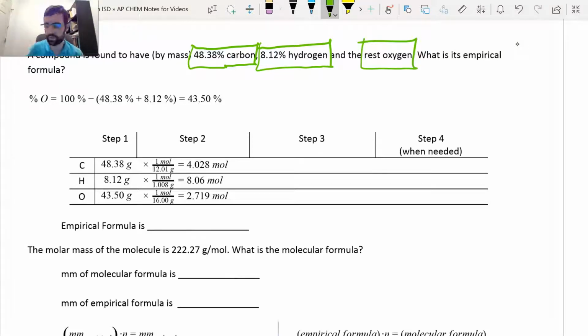We've got that worked out right here on the screen. 100 minus 48.38 and 8.12, you end up with 43.50% of it that is going to be oxygen.